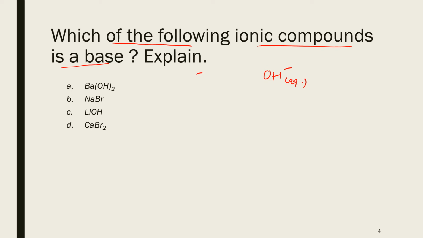So in this list, we see compound A containing hydroxide and compound C containing hydroxide. So these two are the bases. Others are not. And the reason is that they contain hydroxide. So when they are dissolved in water, they will produce hydroxide. So hence they will be bases.